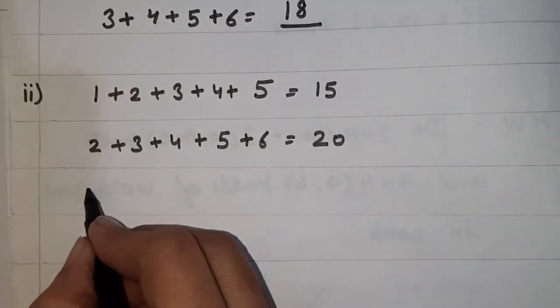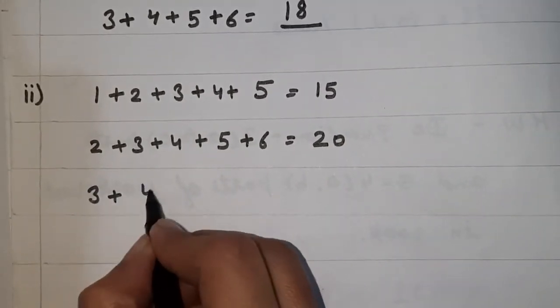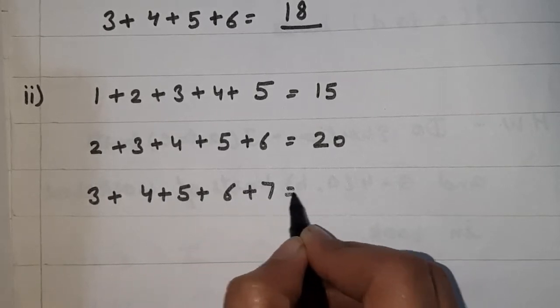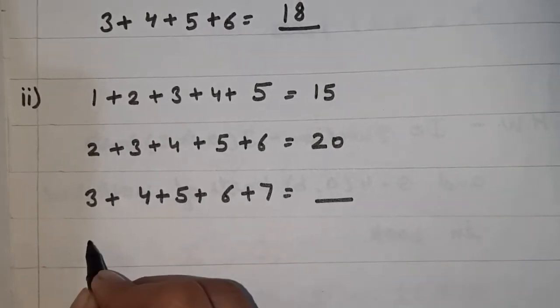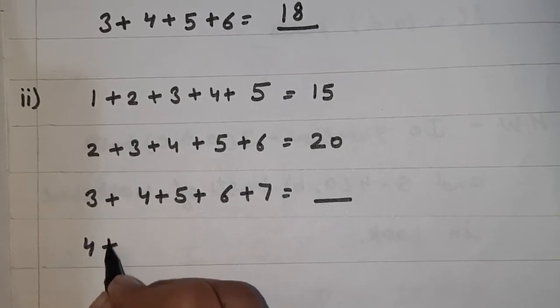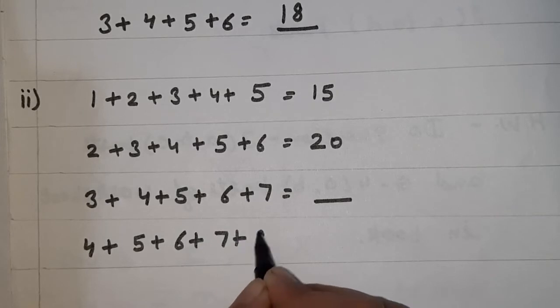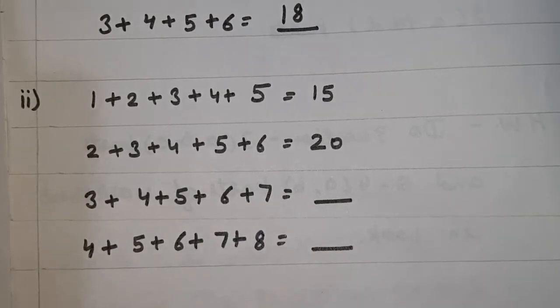Then 3 plus 4 plus 5 plus 6 plus 7 is equal to dash. 4 plus 5 plus 6 plus 7 plus 8 is equal to dash.